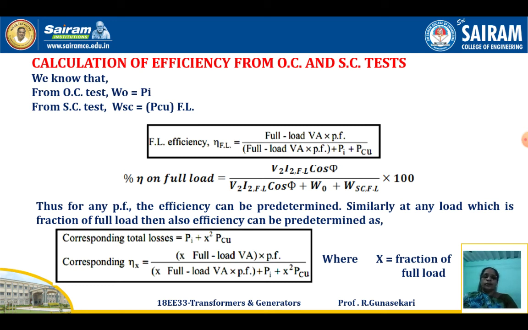So the copper loss is calculated as X squared into full load copper loss. X squared, because it is the current. For half load, that is (1/2) squared into the full load copper loss, that is WSC. Like that, using this formula, you can calculate the efficiency at any load.